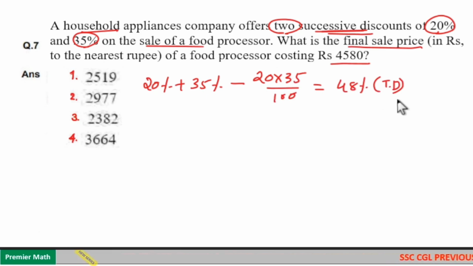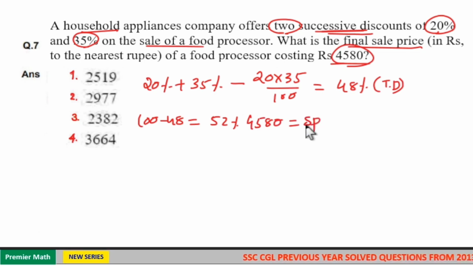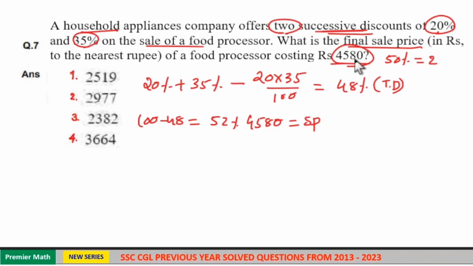Now, if total discount is 48%, then 100 minus 48, that is 52% of cost price 4580 is the selling price. Here this is 52% of 4580. So if you take 50%, 50% is half of 4000, 2000, and half of 500, 250, half of 80, 40.